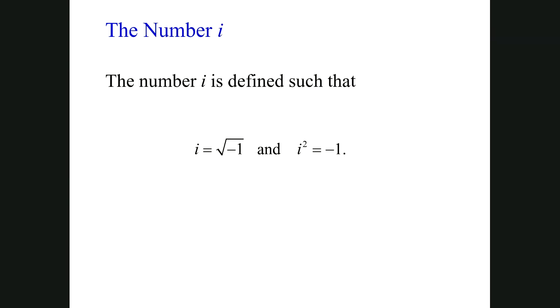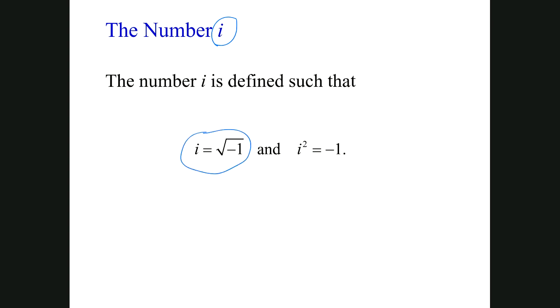We said earlier that the complex number is also called the imaginary number, and we use i. This is the definition for i: i is defined as the square root of -1.